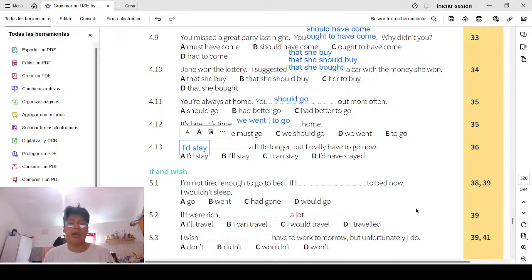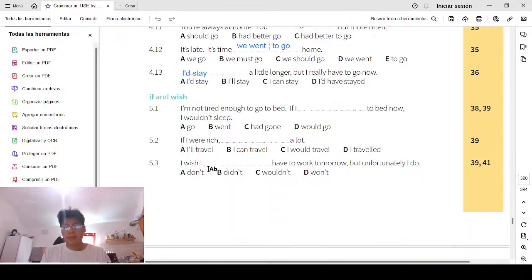We're talking about the hypothetical situation as well, right? If that person had to go home, had to go anywhere, I don't know, right? But it's more for expression. We're talking about the hypothetical situation, the imaginary situation.